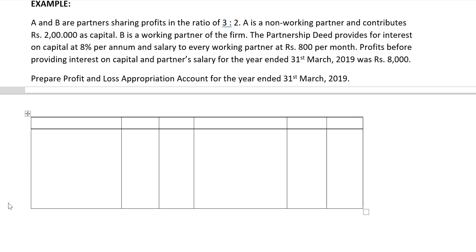So let's go ahead and prepare the profit and loss appropriation account. Profit and loss appropriation account for the year ended 31st March 2019.